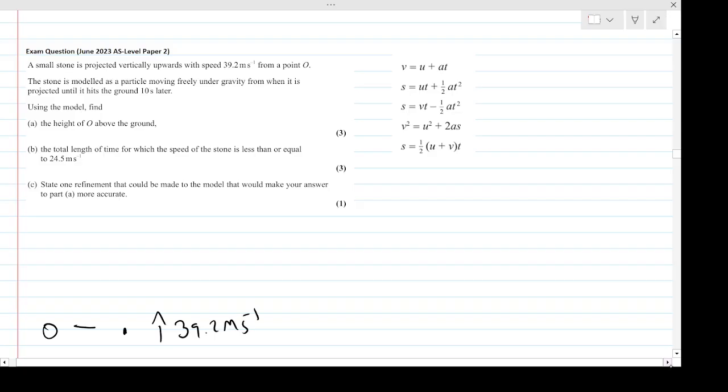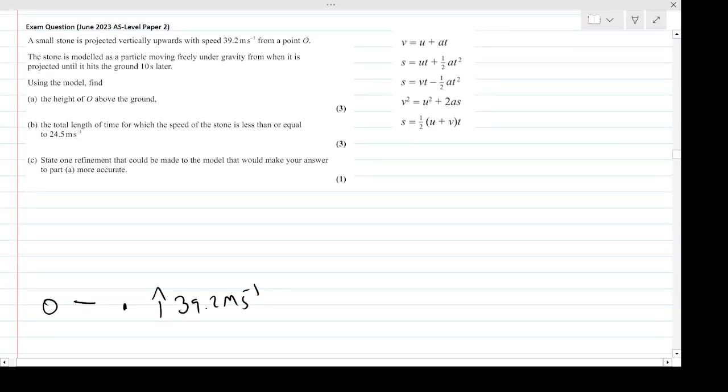Okay, the stone is modelled as a particle moving freely under gravity from when it's projected until it hits the ground 10 seconds later. So the only thing really we care about here is that it hits the ground 10 seconds later.